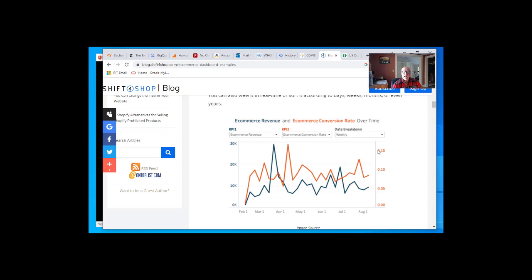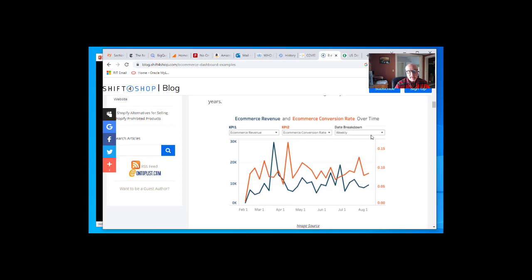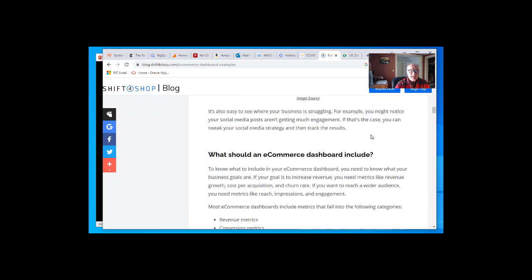Pretty interesting. And then what exactly are we graphing? Here's our date breakdown, weekly, monthly, whatever. You could have different kinds of graphs that are set up in a way that makes sense for your e-commerce situation to show this stuff.